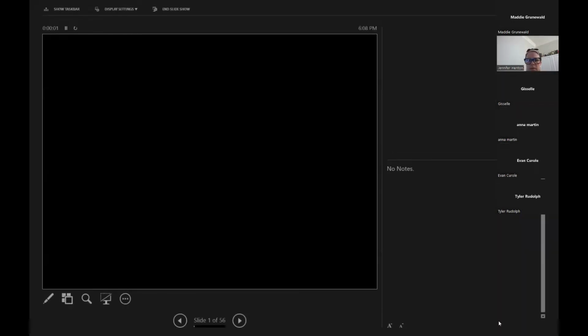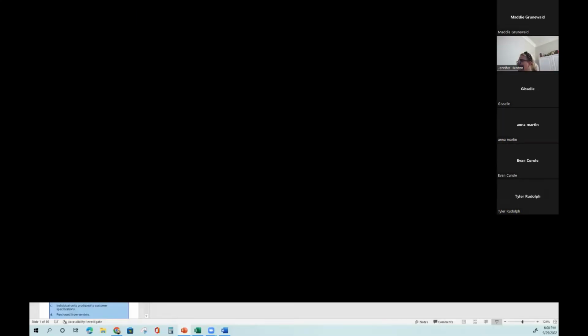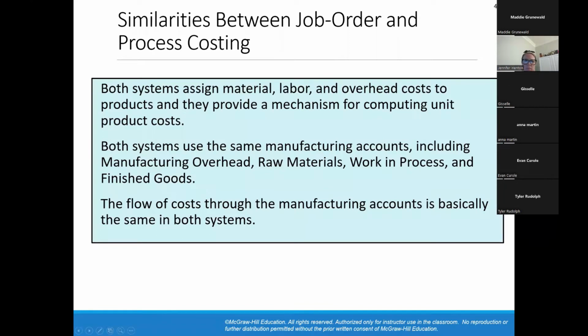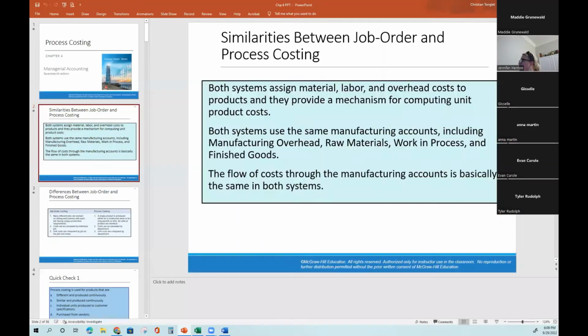So why is this? Here we go. Okay, hang on a second. Do y'all see a black screen? There we go. Not exactly sure what happened there.